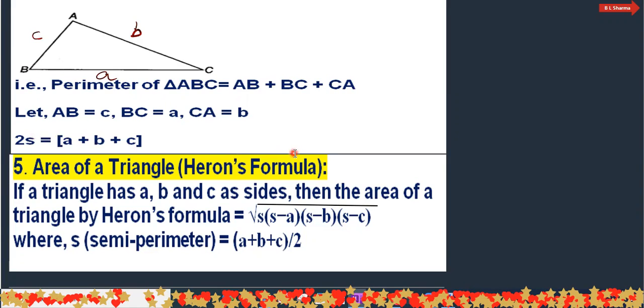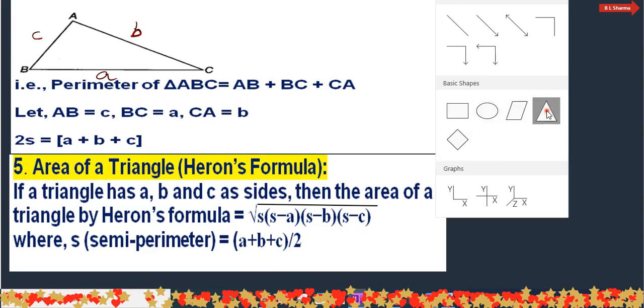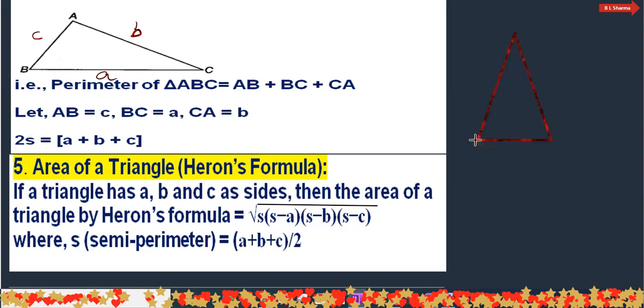Semi perimeter means the sum of all sides divided by 2, half of the perimeter, that is known as the semi perimeter. And Heron's formula is given by the square root of s into s minus a into s minus b into s minus c. So here, if we have three sides, these are the three sides.